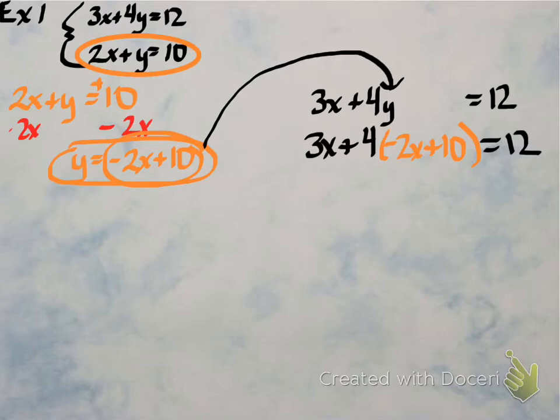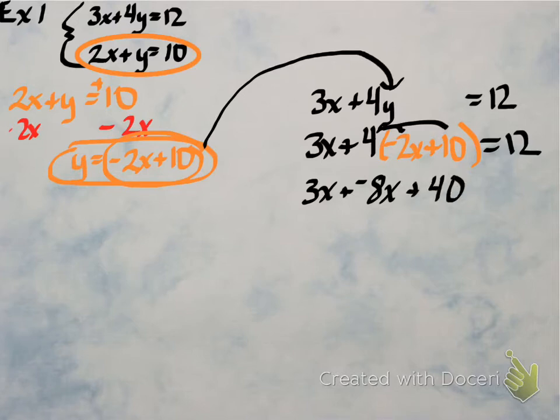When I'm solving for x, I need to combine like terms, and to do that I'll need to distribute. So I'm going to distribute that 4 through both terms. 4 times negative 2x is negative 8x. 4 times 10 is plus 40 equals 12.